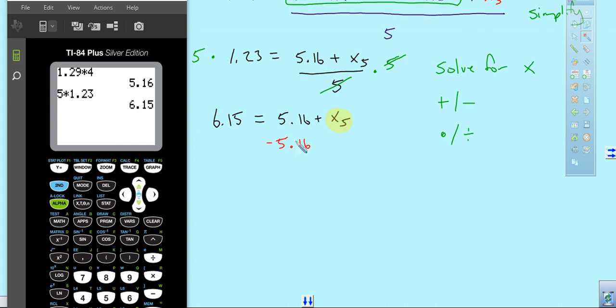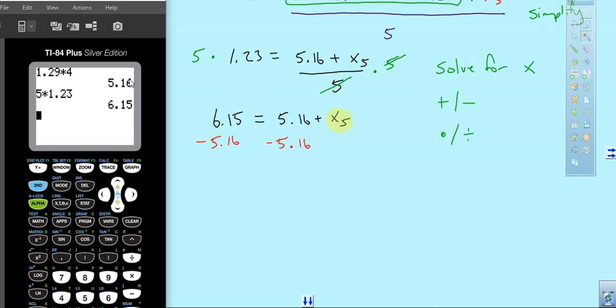If you have $5.16 and you spend $5.16, you're basically subtracting as a debit. Whatever you do to one side, we must do the same thing to the other side. Then we clean that up. We draw our big fraction bar underneath and come to the left-hand side and subtract.